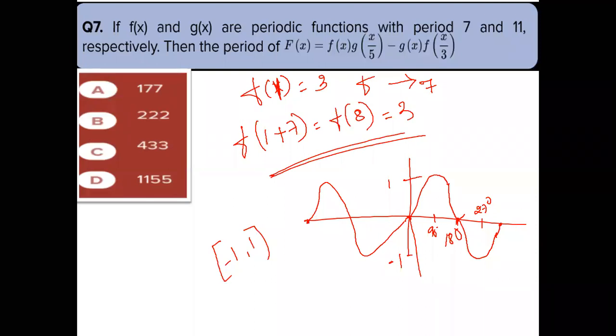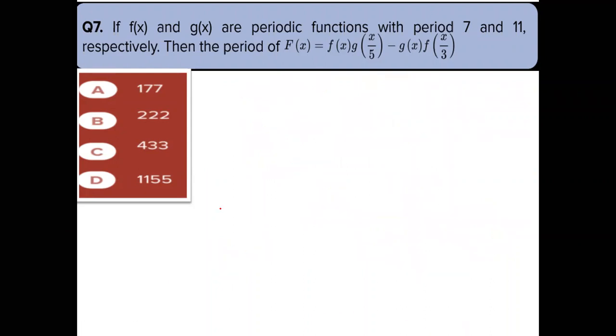The values from 0 to 2 pi repeat again and again. So sine 2 pi is 0, sine 4 pi is 0, sine 6 pi is 0, so you can see that the value repeats. So sine is a periodic function. If the values keep repeating after a certain value, then we call such functions periodic functions.